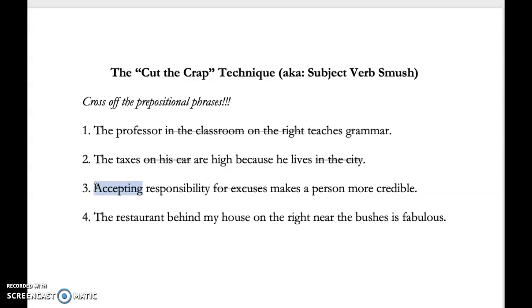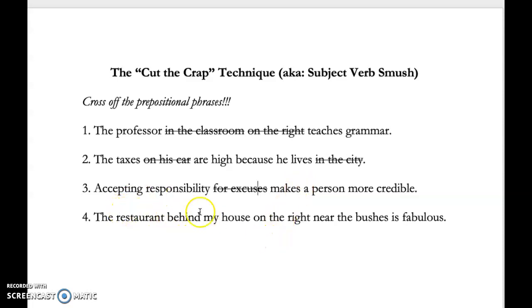So remember that if you want to make a sentence be about a verb, you have to turn the verb into a noun. And you do that by adding ing to the verb, and that makes it into a noun. A gerund is always singular. So if accepting is the subject, makes is the correct verb. Notice again, if you've been tempted by excuses, you might have written make, and that would have been incorrect.